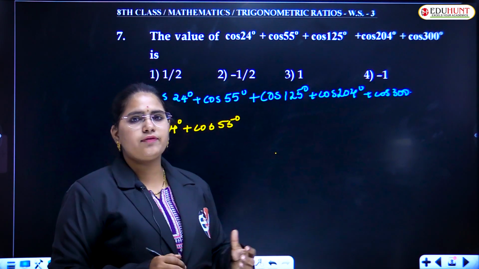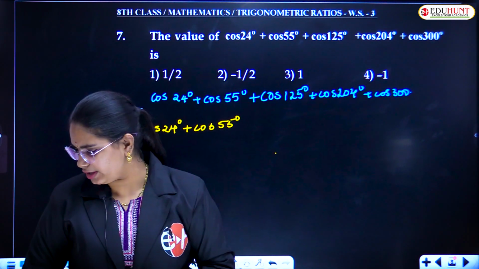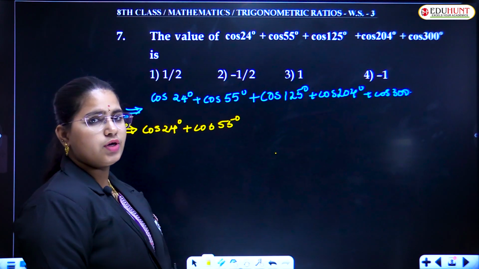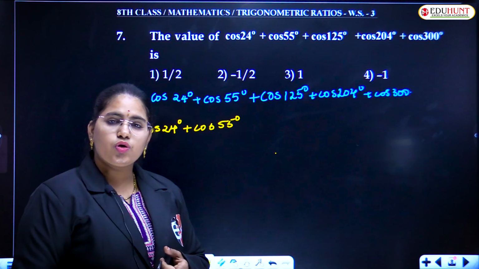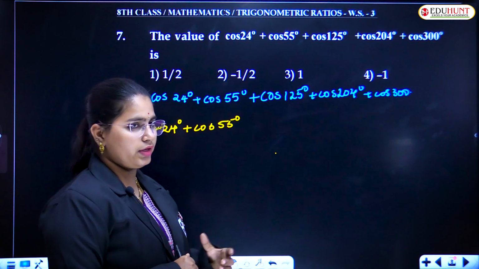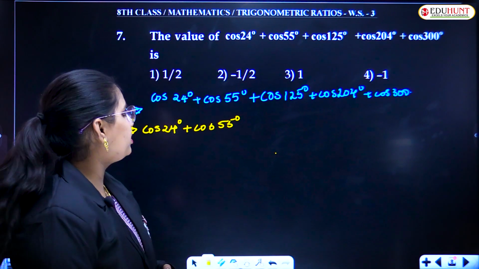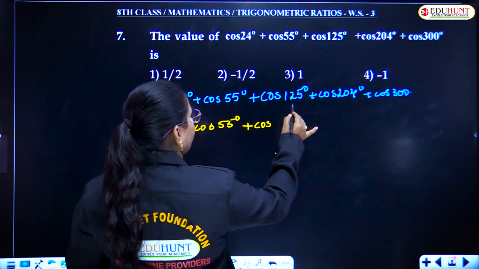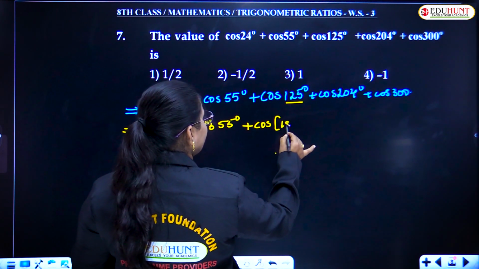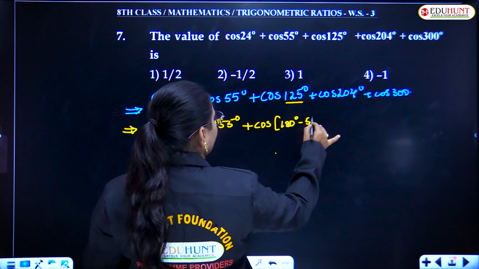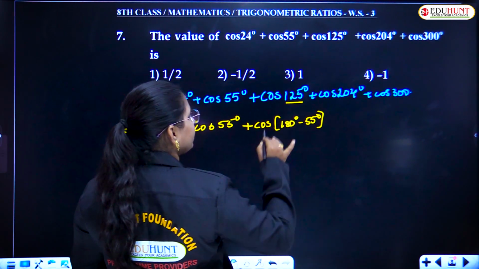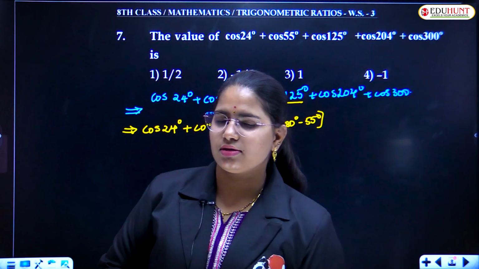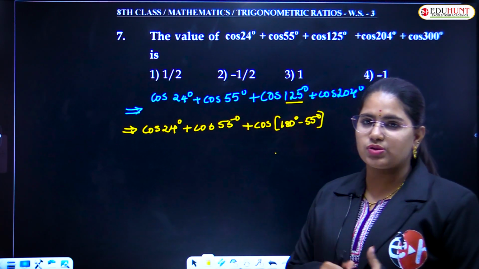Cos 125, how can you express cos 125? It's 180 minus 55, correct? Can I write 125 as 180 degree minus 55 degree? Yes, of course. 180 minus 55 is 125.